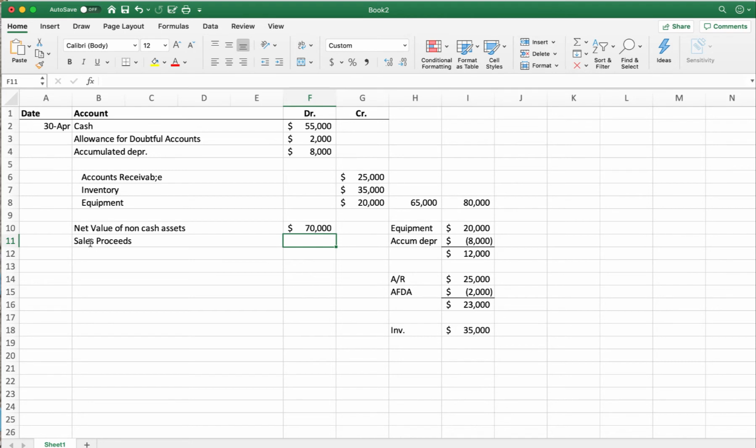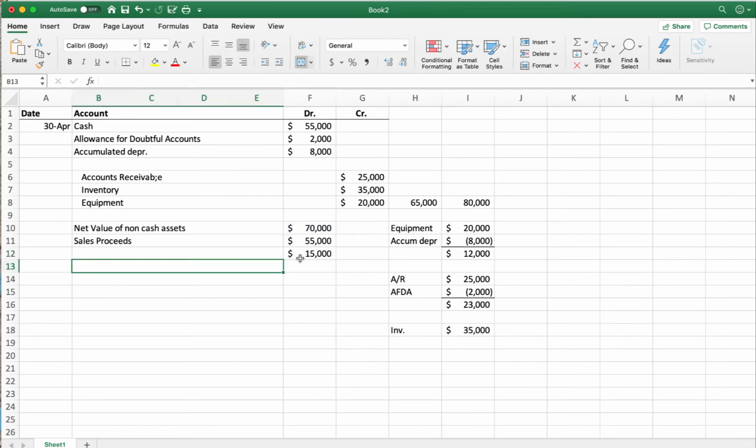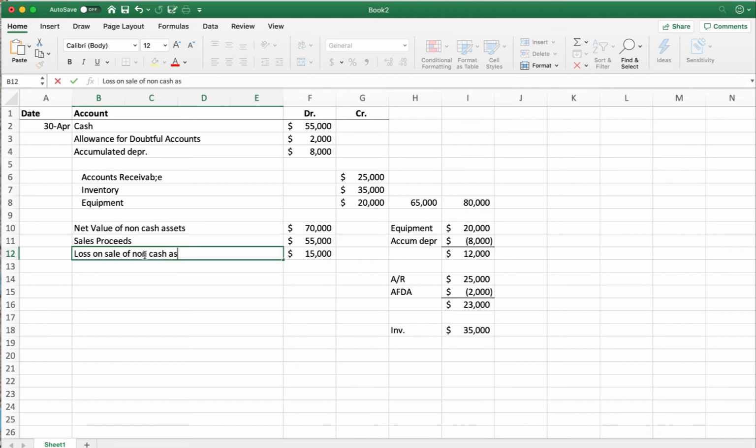Well, the problem told us we received $55,000 in cash. Okay, if we take the difference between these two, we have a loss of $15,000. Okay, so this is our loss on sale of non-cash assets.